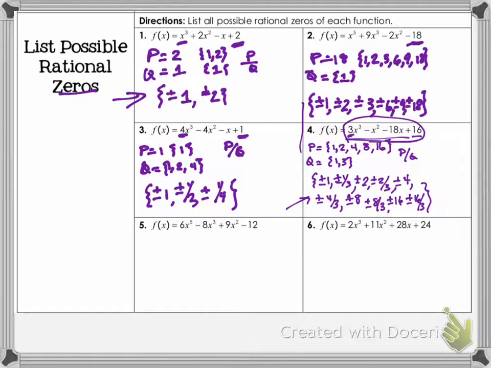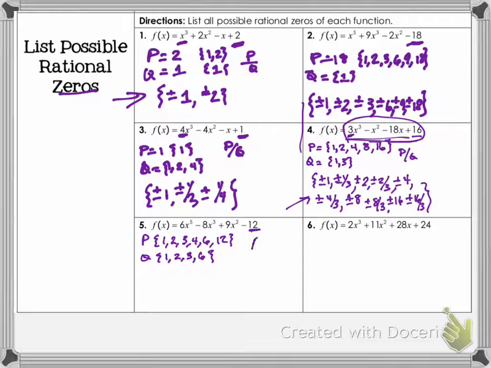Okay, so let's go to number 5. I'll just do one more. So P is 12, so the factors of that would be 1, 2, 3, 4, 6, and 12. And Q is 6, so that'd be 1, 2, 3, and 6.